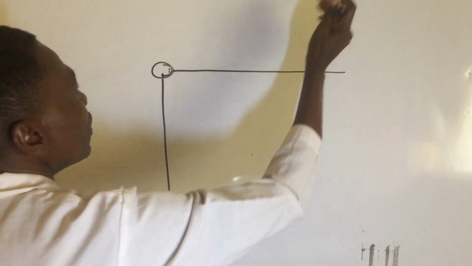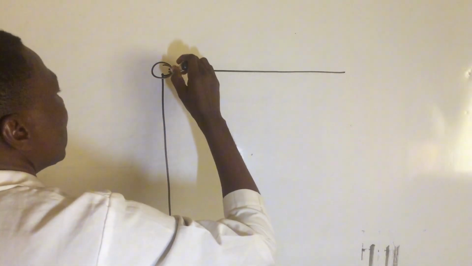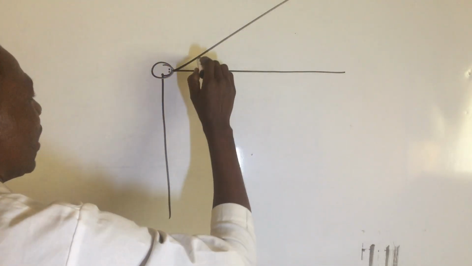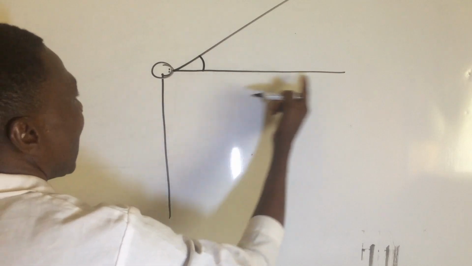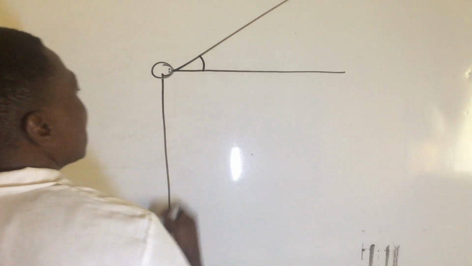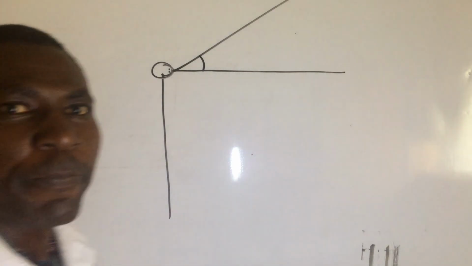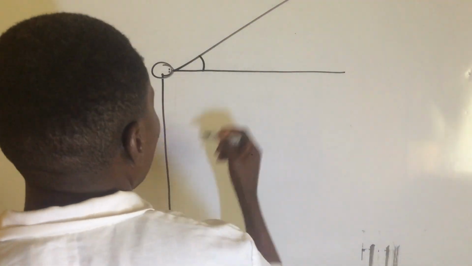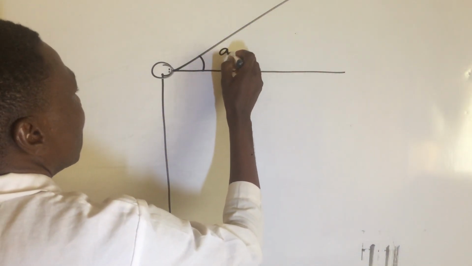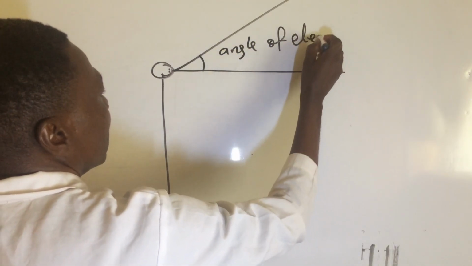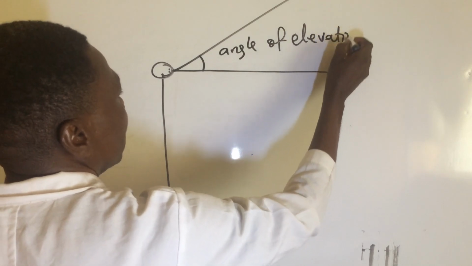Now the person tries to see something here, so the person will look up. So the angle between the normal eye level and what the person is looking at is the angle of elevation.